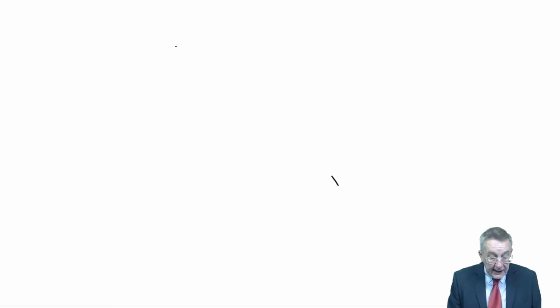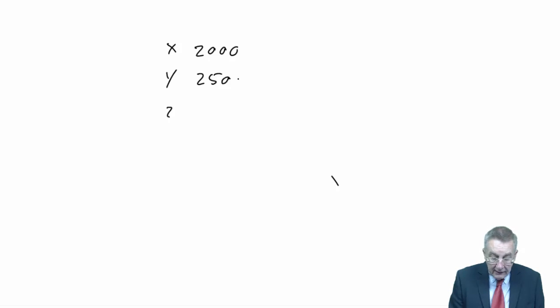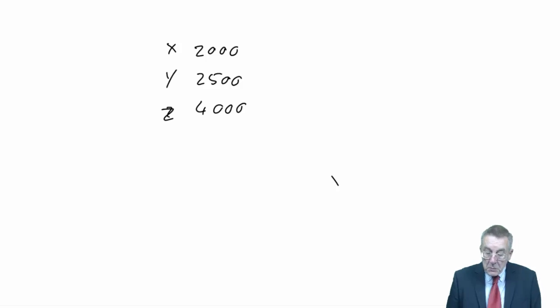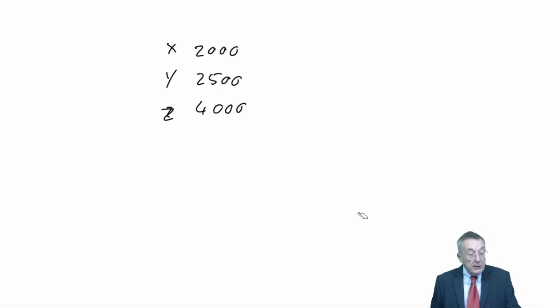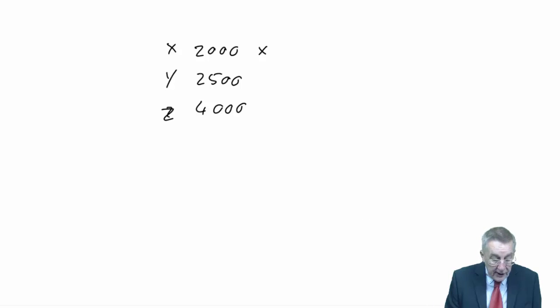And before I talk about the line I jumped over, clearly we would want to produce to meet demand. But if we did, X 2,000 units, Y 2,500, Z 4,000, how much material do we need? X needs 3 kilos per unit, Y needs 2, Z needs 1.